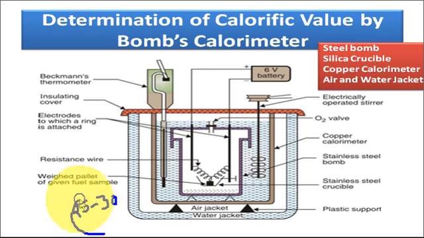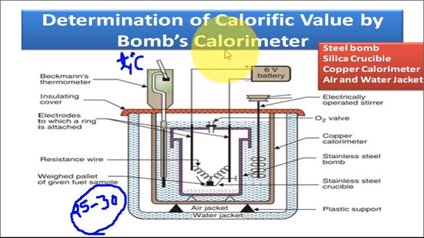So this much oxygen has to be supplied in the bomb calorimeter. Now the initial temperature is recorded in Beckmann's thermometer, that is T1 degree centigrade. This is the initial temperature.